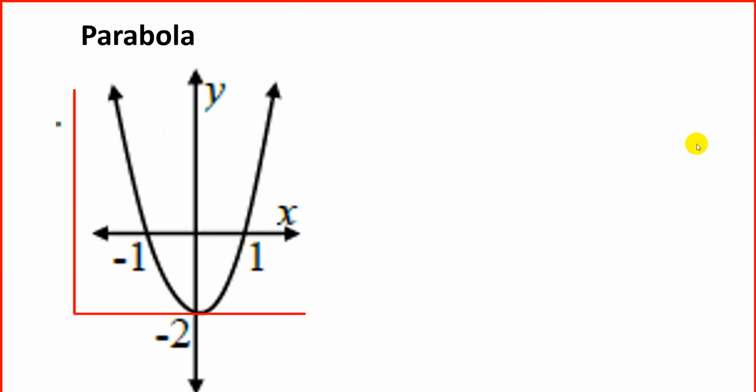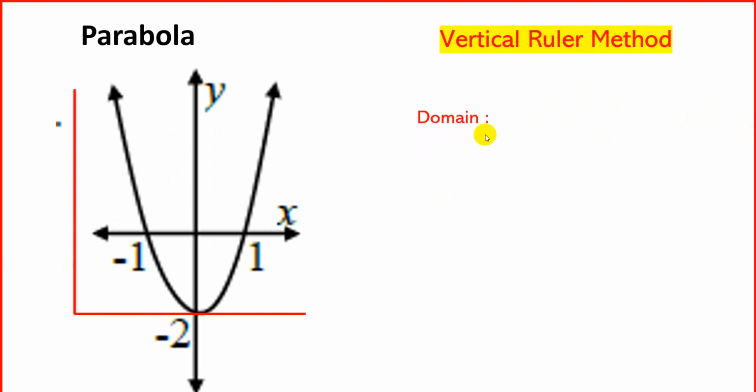You can choose one. We look at the parabola, and we're going to use our same popular method, the vertical ruler method. So we're starting to slide for the domain. You'll notice that if we place our ruler, and remember the graph goes on to infinity, wherever you place your ruler vertically, you will get a point on the graph. If I place the ruler here, I'll get a point on the graph around there.